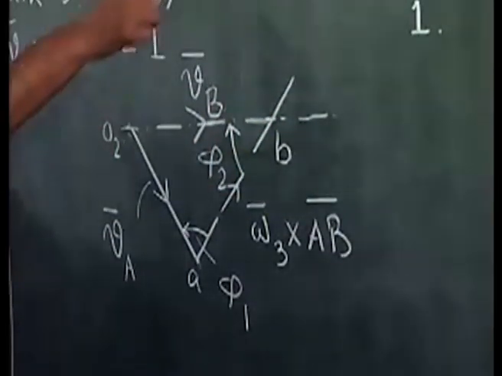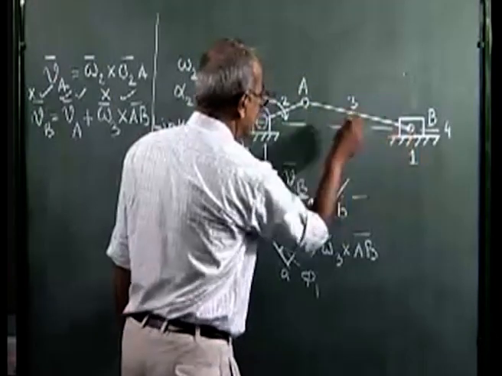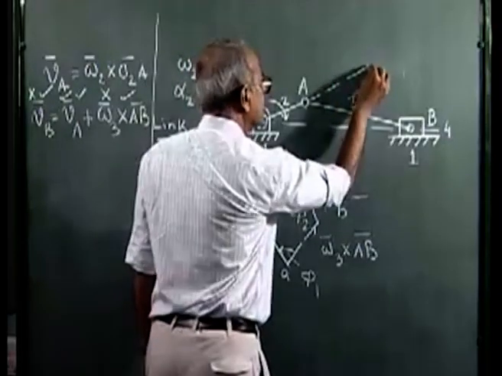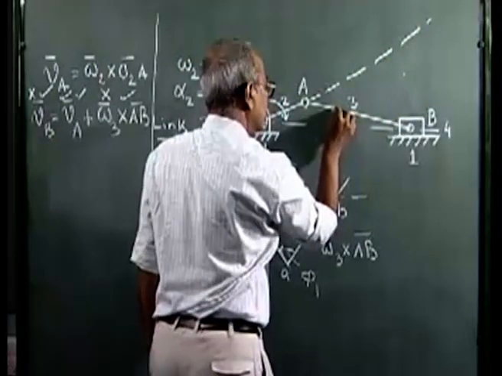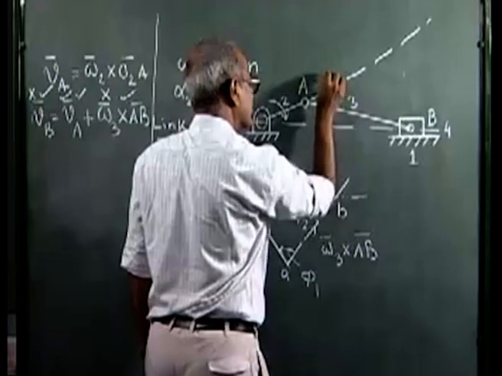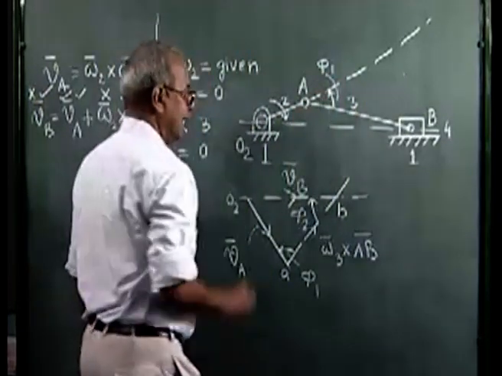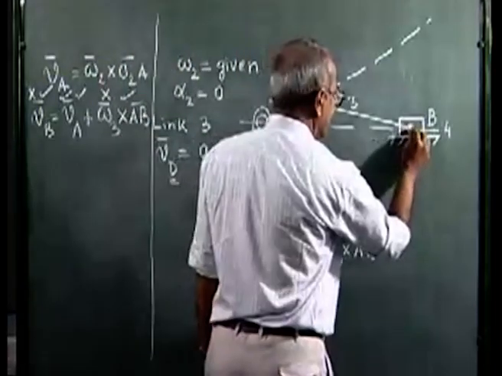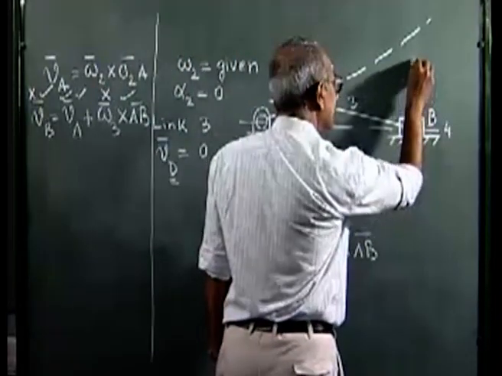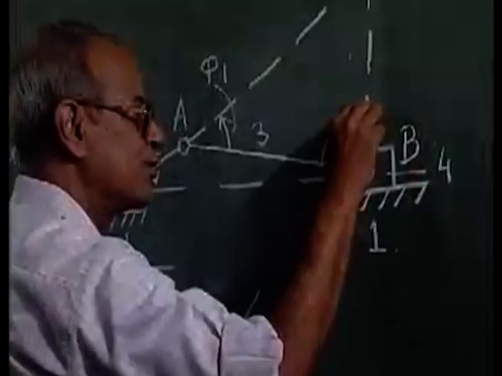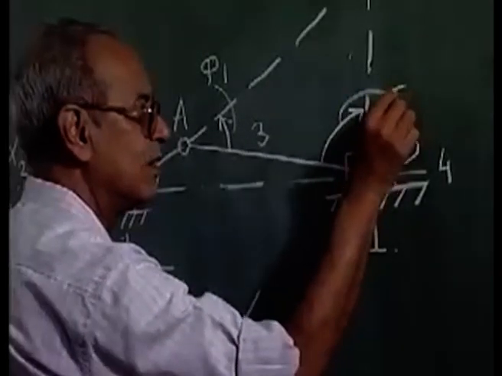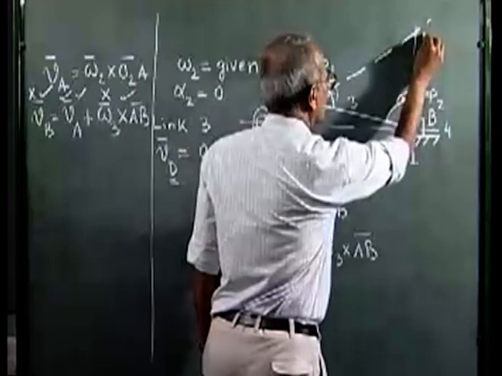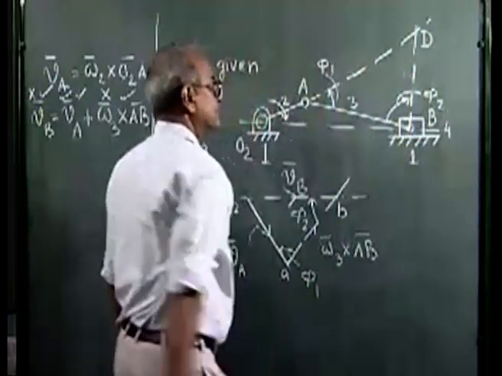So here in the space diagram at capital AB, I draw a line at an angle phi 1 counterclockwise at A, and at B I draw a line clockwise at an angle phi 2. And these two lines intersect at the point D.